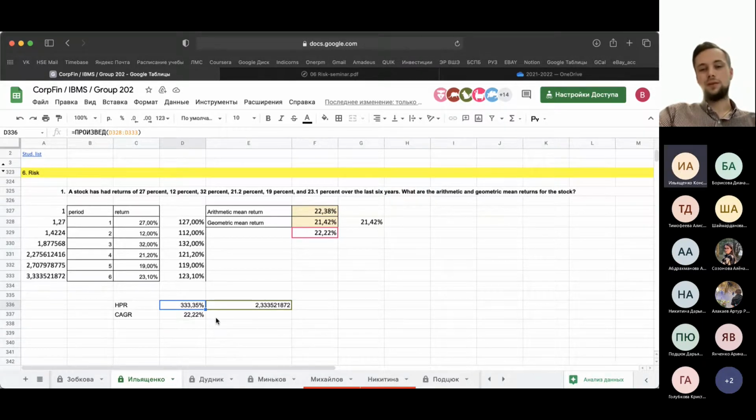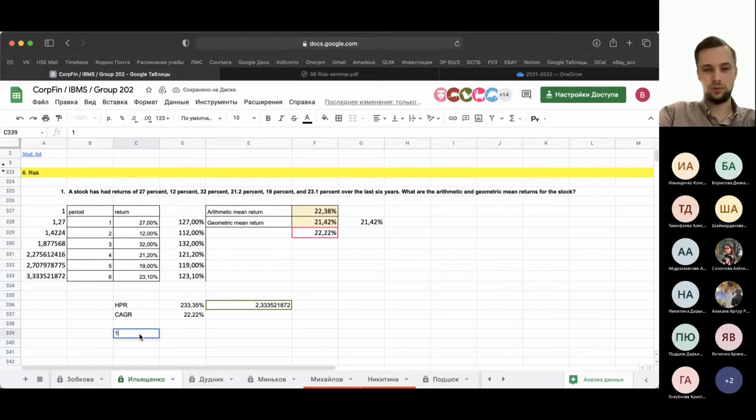But we shall subtract 1 from HPR, no? Probably, because it's gross, and we shouldn't include the first 100%. Yeah, you're right.